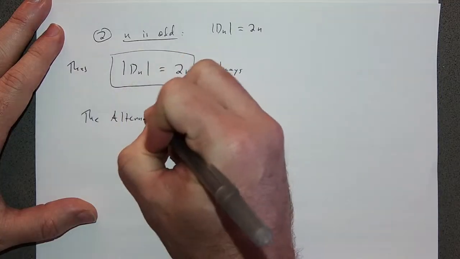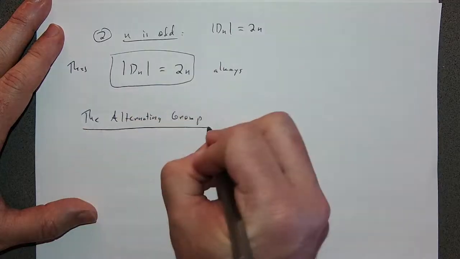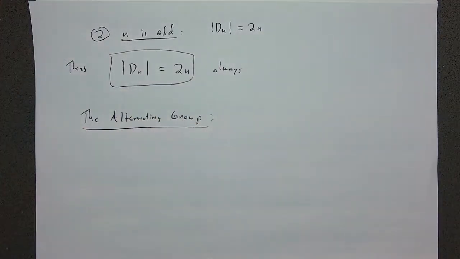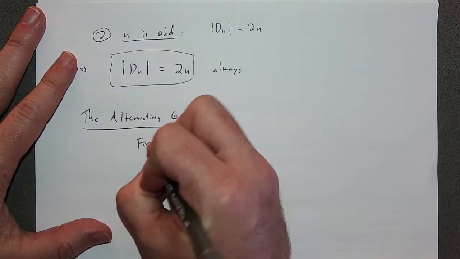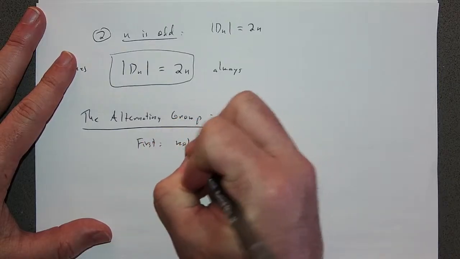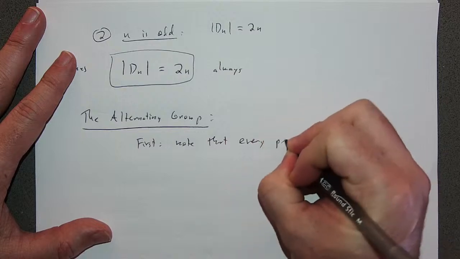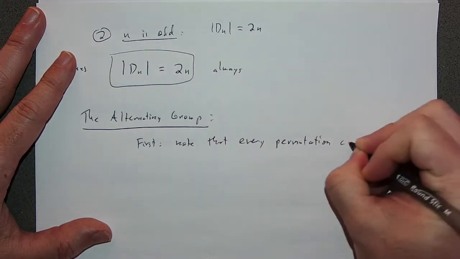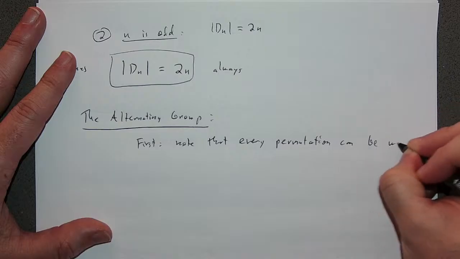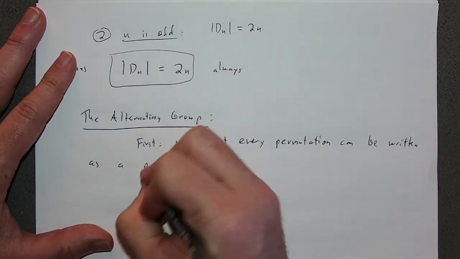The alternating group. What is this? So first, note that every permutation can be written as a product.